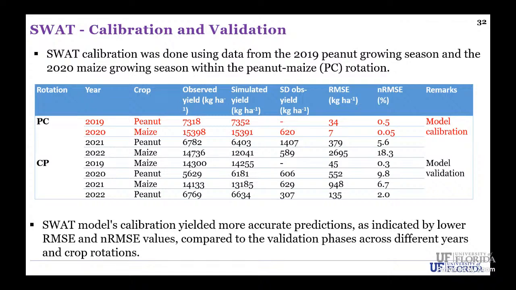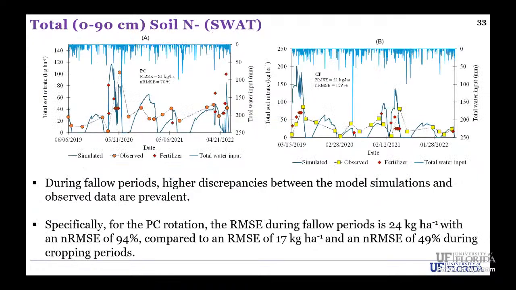So DSSAT, again, has very good accuracy. You can see the normalized root mean square error is very low. Then we also validated the model with respective years, and it seems pretty good, right?